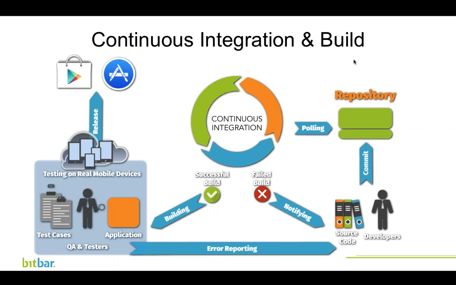The application testers or the QA folks can then run it on devices, or this can be combined so that there's instant app pushing from CI and build to the testing environment. That's what we're going to also demo later this evening.